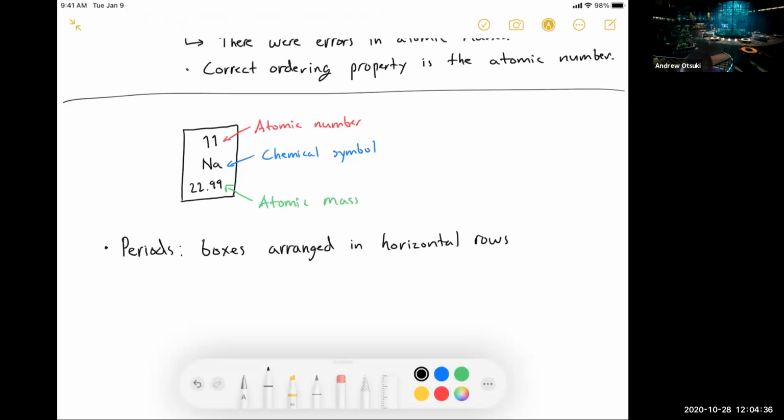We number them from top to bottom, and they vary in length.